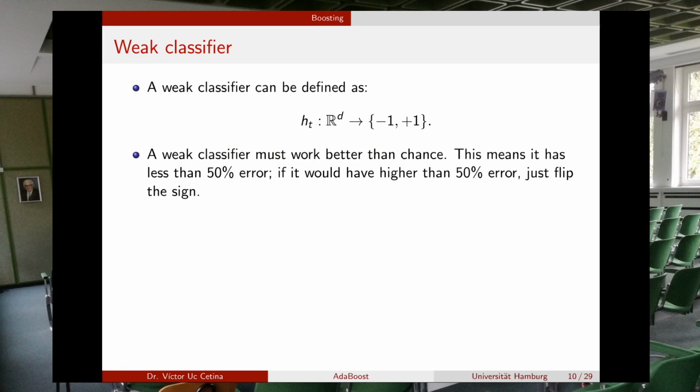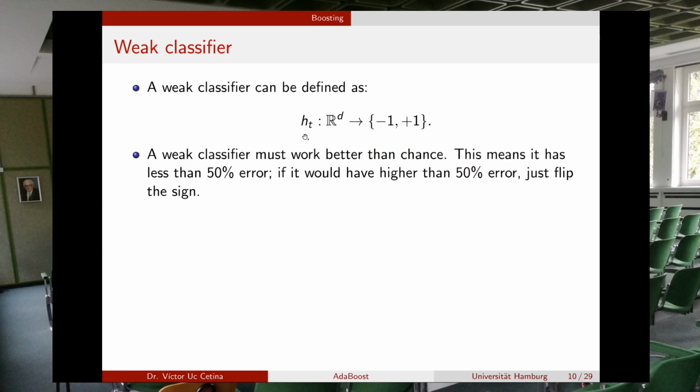A weak classifier must work better than chance. This means it has less than 50% error. If it would have higher than 50% error, just flip the sign. So what we're saying here is that our weak classifier is going to assign one of these two labels.